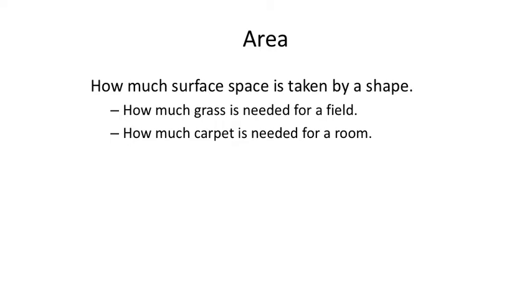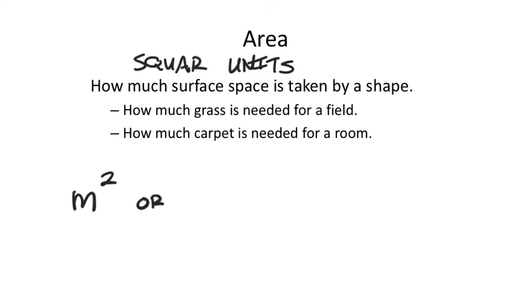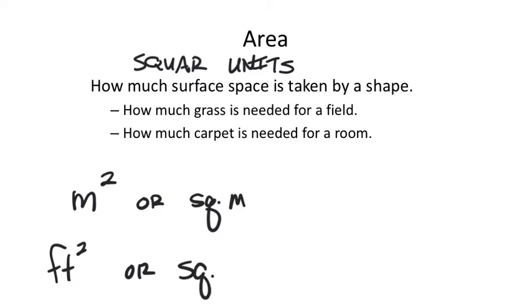We'll need to remember when we look at these that area will be in square units. So for example, if your measurements are in meters, it'll be in meters squared, which sometimes is shown as square meters, like this. Or if it was feet, you'd show feet squared, or again, you can write square feet like this.